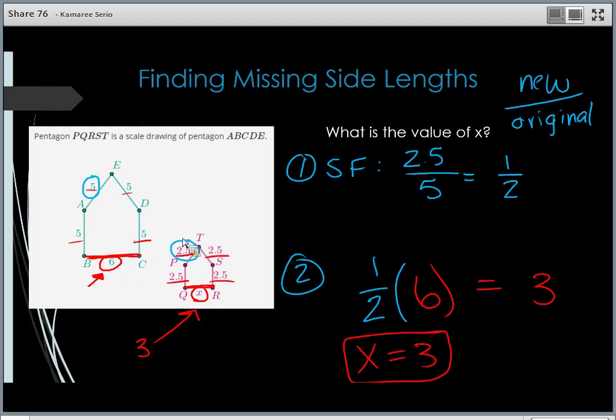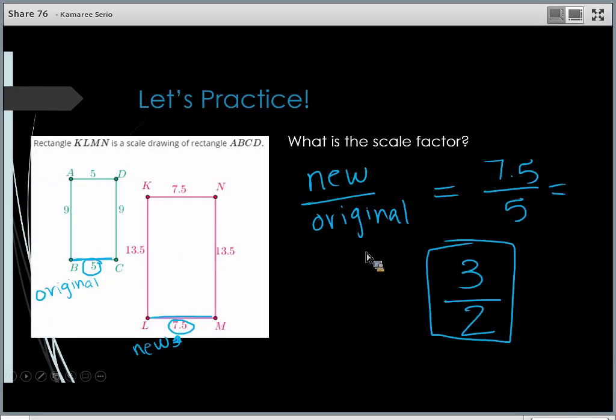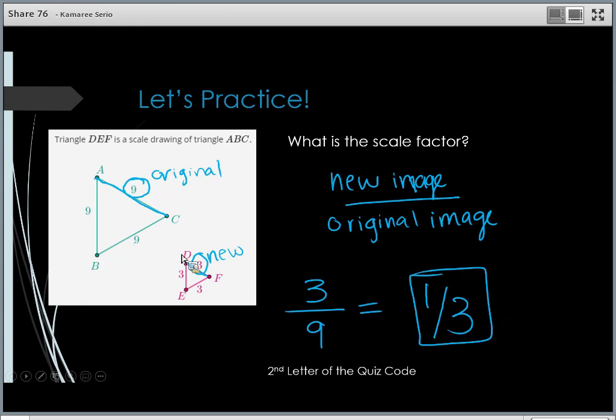So you could look at these and go, well, if I take all these 5s and divide them all by 2, I get 2.5 for all of them, which means if I take 6 and divide it by 2, I'll get 3. So there are patterns that you could see here. I'm going to go back to one of the other examples. This one's kind of harder. For this one here, all of my side lengths are 9, right? So if I take all these 9s and divide them by 3, I will get 3.